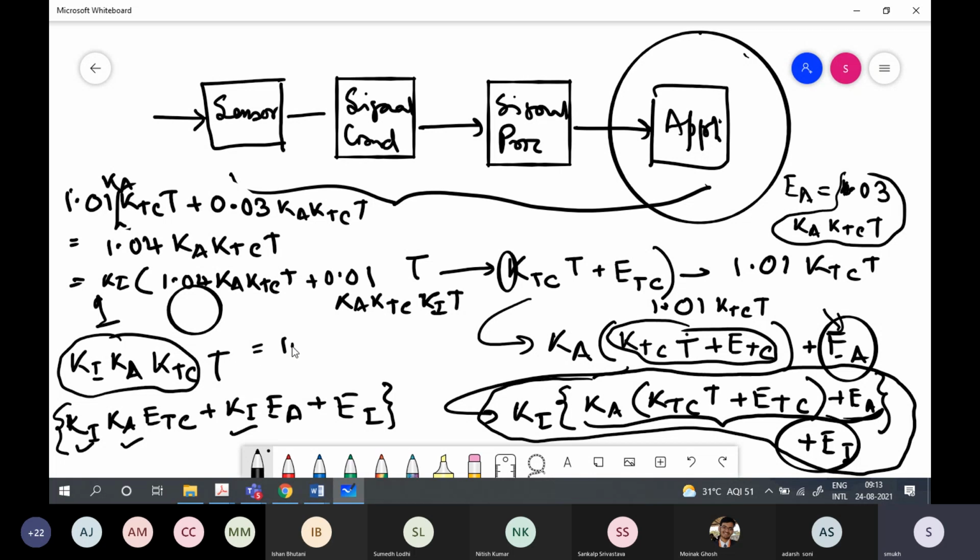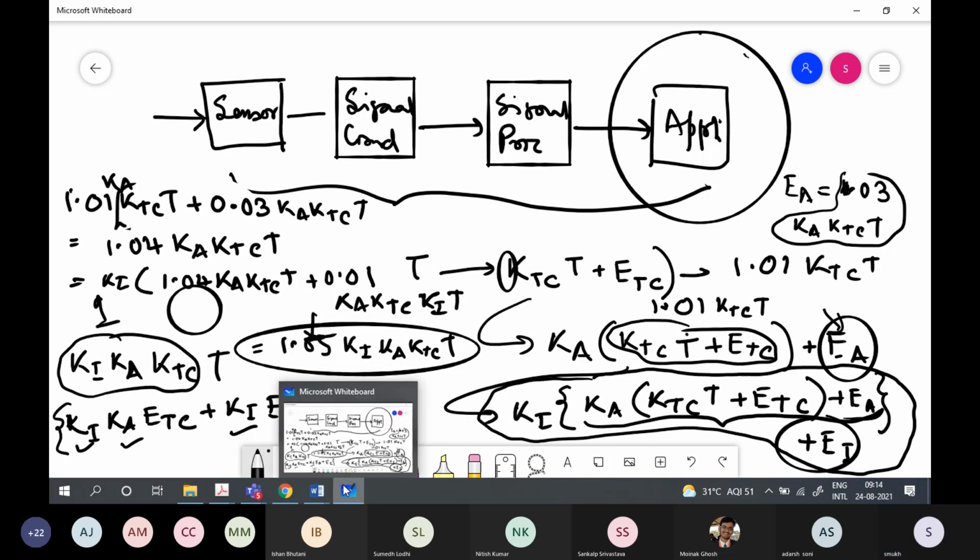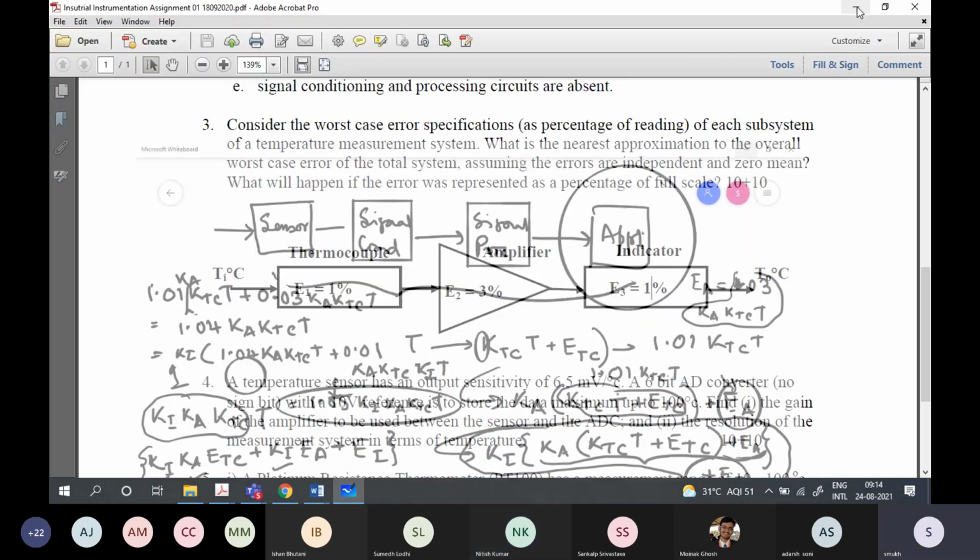So now it becomes 1.05 KI into KA into KTC into T. So it is 1.05 into this. So it's 5% again, maximum value. Right? That's what you are saying. Yes, sir. Good.